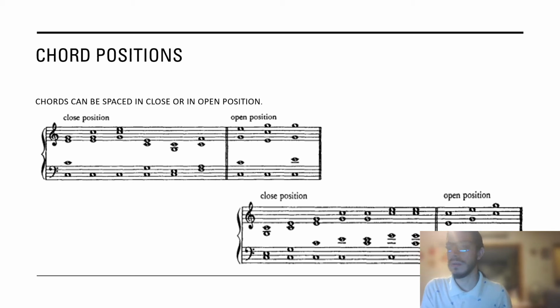This is due to the nature of the overtone series that Arnold Schoenberg explained before, actually in the first chapter, because the fundamental is the strongest one, then the fifth, and finally the third, which is what gives the chord its quality, and which does not really need to be doubled.